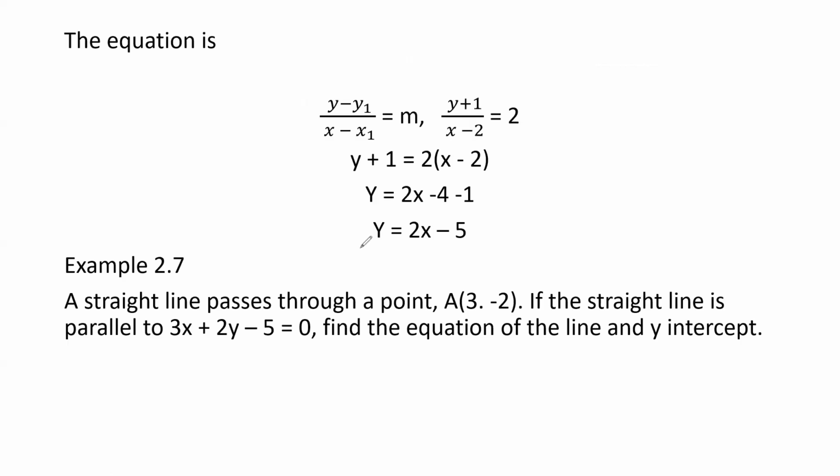You have to make y the subject and convert 3x plus 2y minus 5 into y equals mx plus c. So what is our m? Negative 3 over 2. Yeah, that's our m.